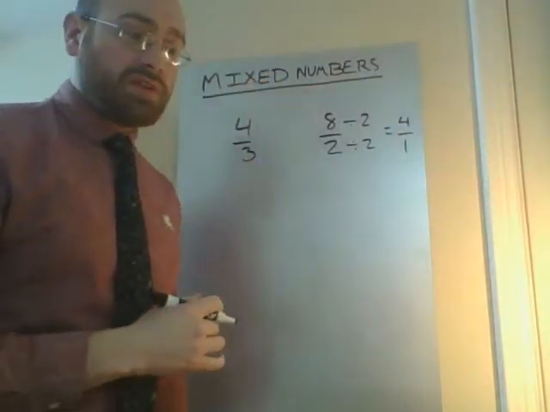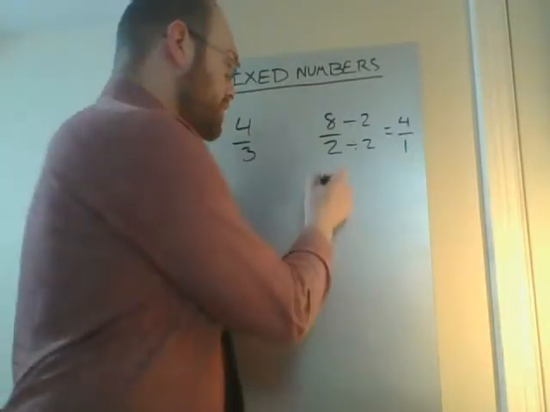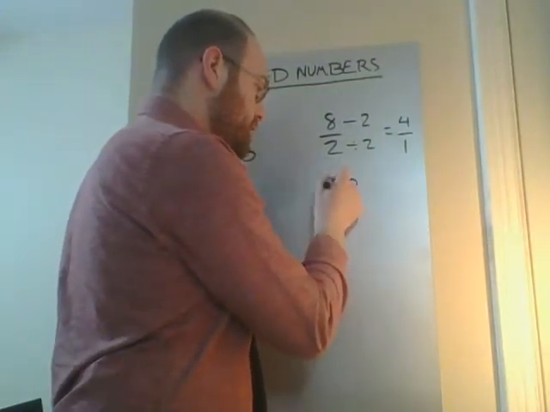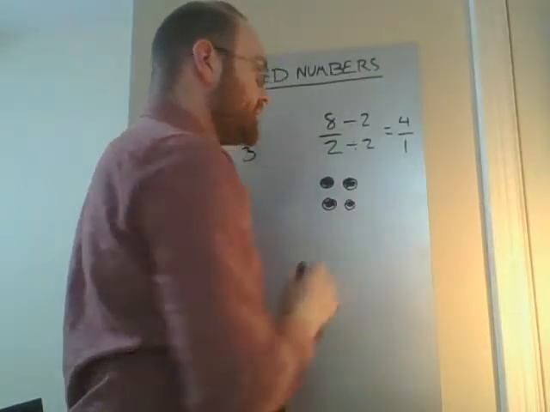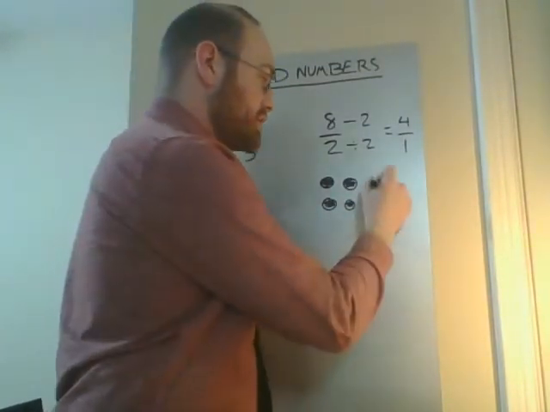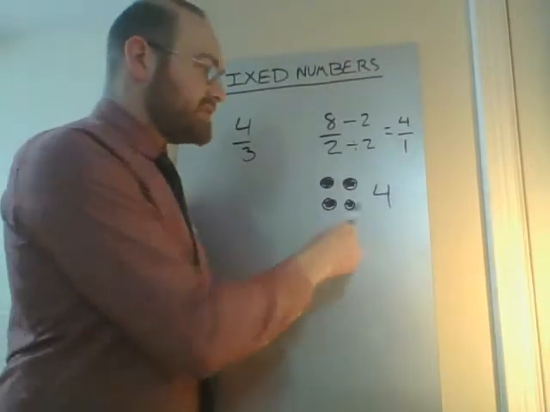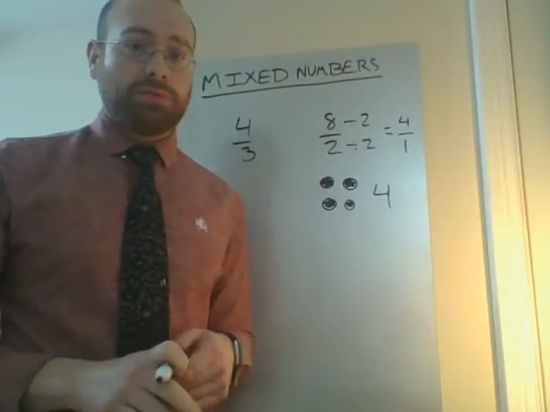So this means we have 4 pieces that are each the size of one whole. So we can think of this as drawing 4 circles, and then we shade in all 4 circles. And so this fraction is just equal to the number 4. Now this isn't a mixed number though, it's a whole number. It doesn't have a decimal or fractional part.